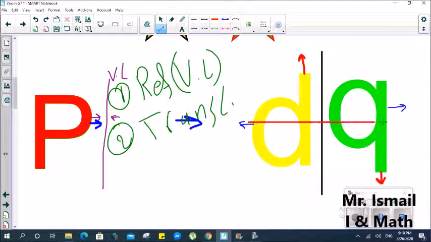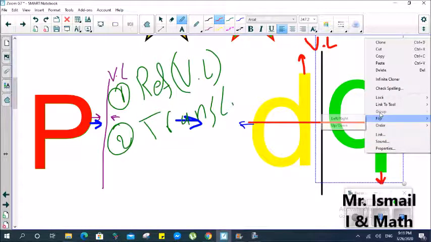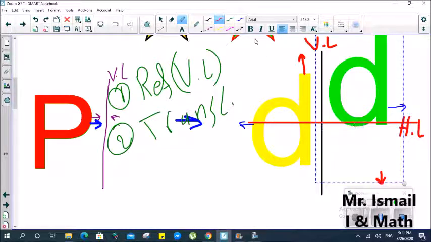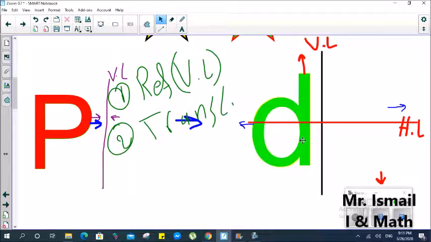But this time it will be what? Up, down, along a horizontal line. This is a vertical line, so along horizontally. So let's flip it. Now I can translate or move or slide. They are now matching, right?